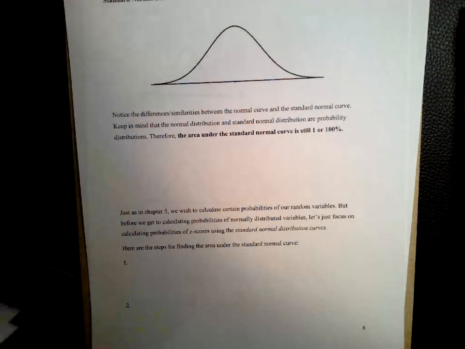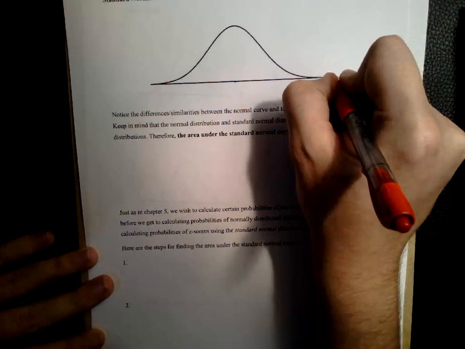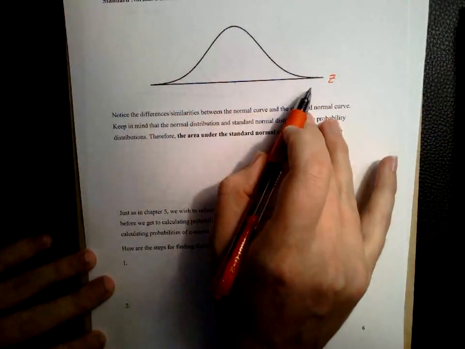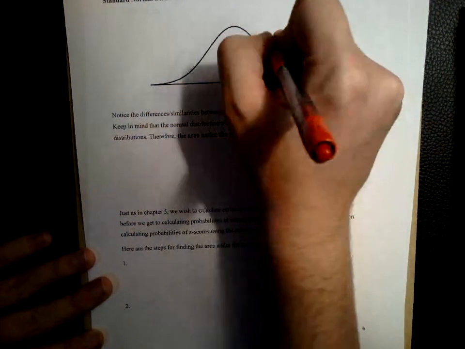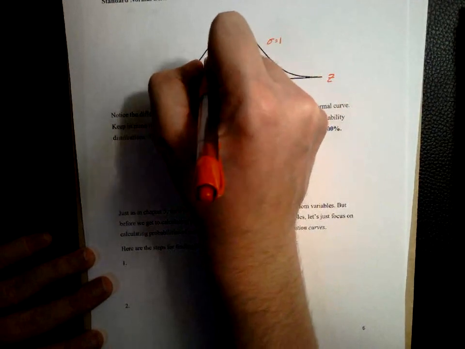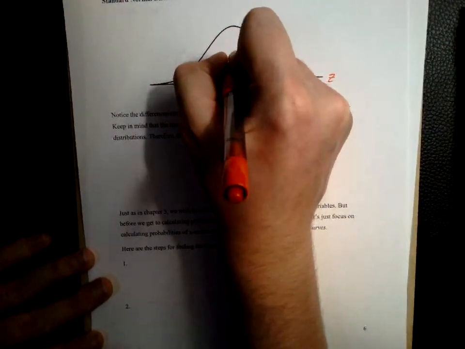Now, let's talk a little bit more about standard normal distribution curves. So this is basically the same picture from the previous page. So we have all the possible z-scores we could get. The mean in the middle is 0. The standard deviation is 1. And the area under this curve is still the probability. We still have a continuous distribution.